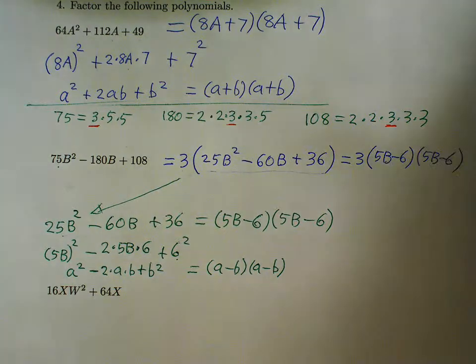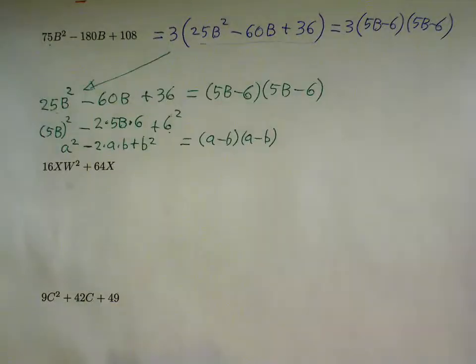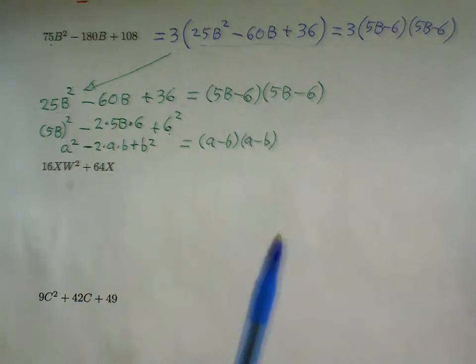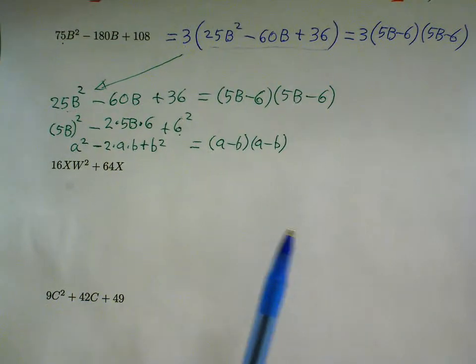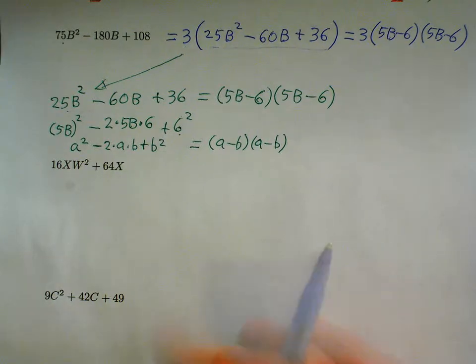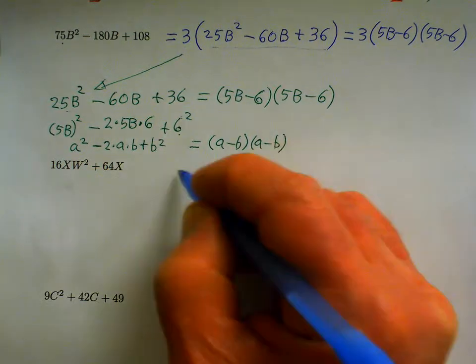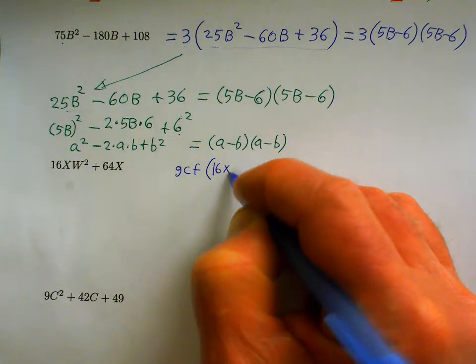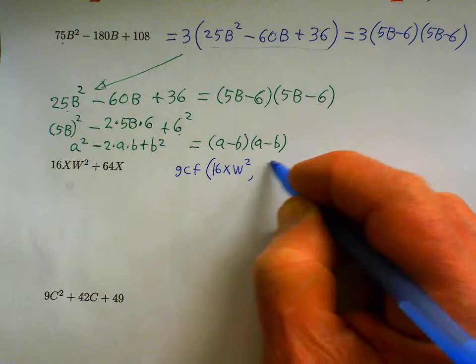All right, the next one, 16xw to the second plus 64x. What's the first step? Greatest common factor. Yeah, find the greatest common factor. So the greatest common factor of the terms 16xw to the second and 64x.